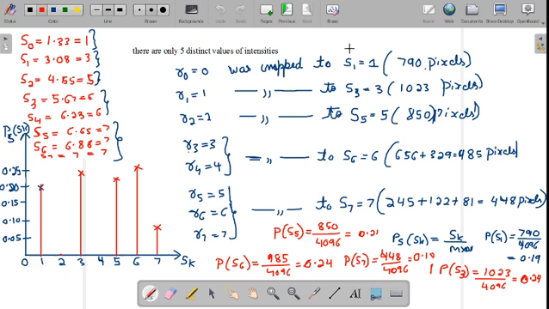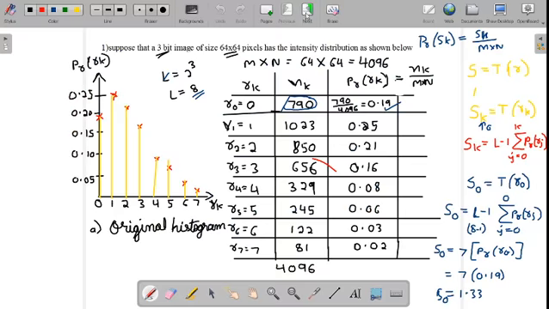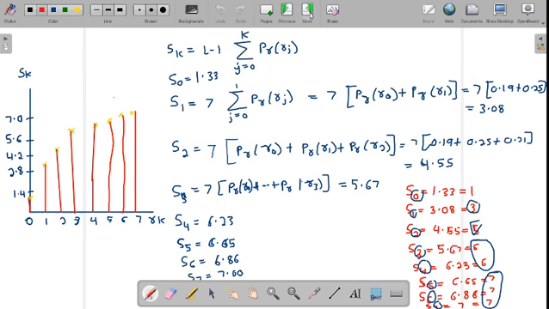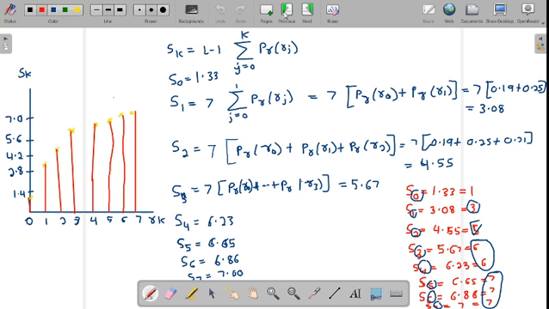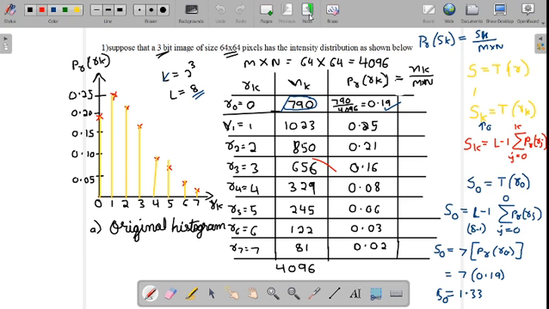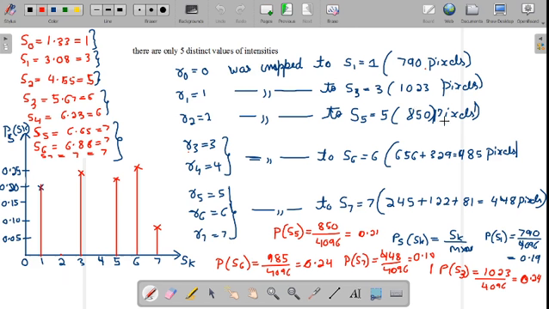So I'll be taking this as 790 pixels. Next, r1 is mapped to 3, containing 1023 pixels. So you're taking it as 1023. Next, r2 is mapped to 5 and was containing 850 pixels. So I've taken it here as 850 pixels.